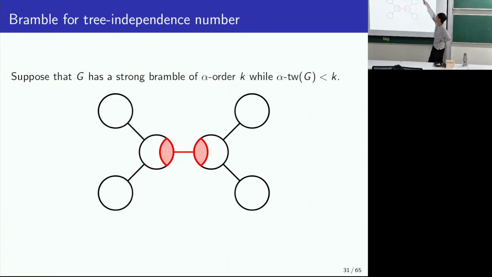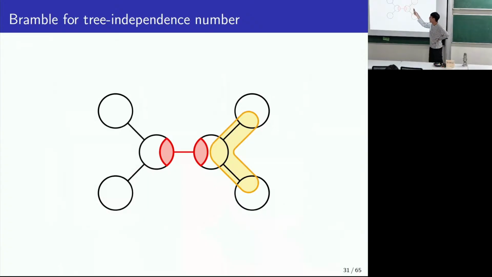And because it has small tree independence number, it has a small independence number. This means that this cannot be a hitting set for a strong bramble. So there must be a bramble element that does not meet this intersection. And if there is one bramble element here, we cannot have one here because this one must intersect all other bramble elements. So we can make an arrow on this edge. In the same way, we can arrow all the edges.